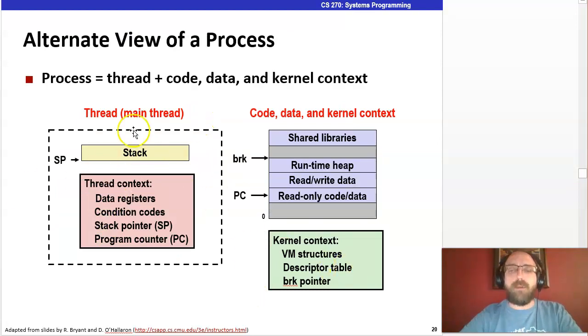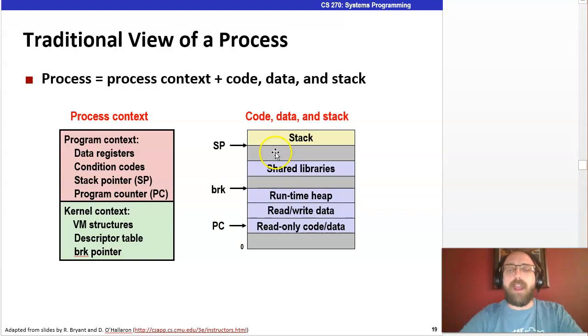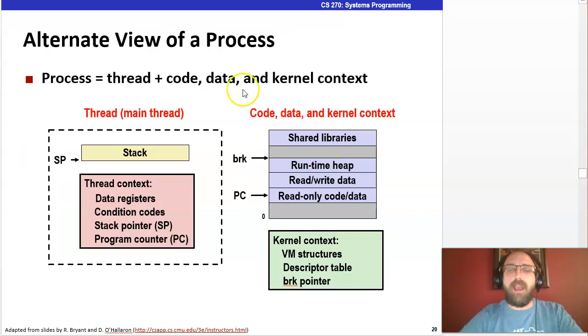Let's separate those out. And then we'll say the thread is the context of the process within the process, the set of registers, the stack pointer, the program counter, and so on, as well as a stack. So we've taken the stack from over here and moved it into here.